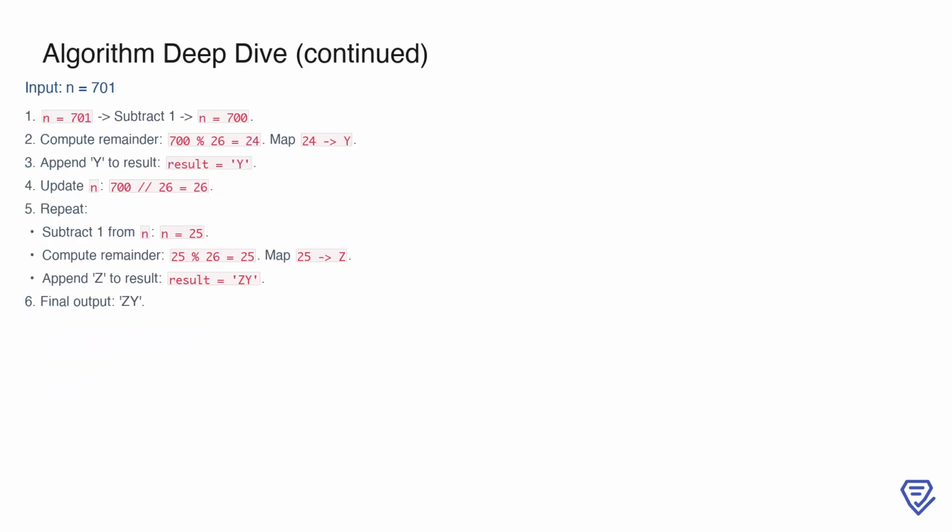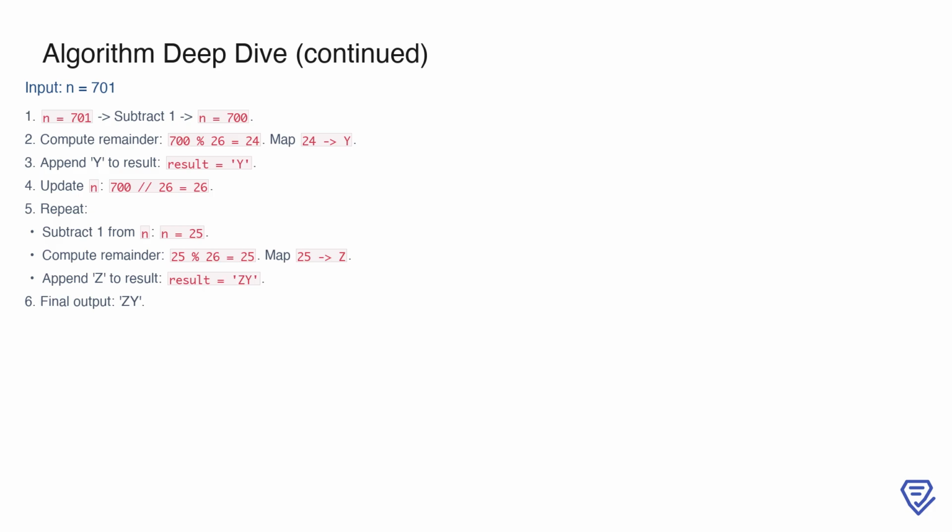Now, let's look at a slightly larger example with n equals 701. We begin by subtracting 1, giving us n equals 700. The remainder of 700 divided by 26 is 24, which maps to the letter Y. Adding Y to our result string gives us Y. Next, we update n by performing integer division by 26, resulting in n equals 26.